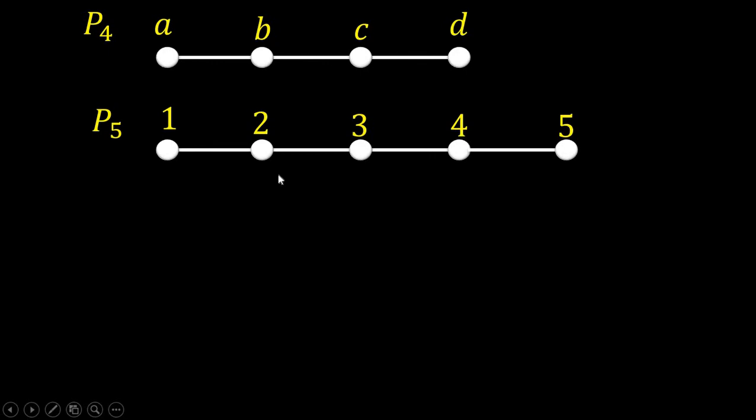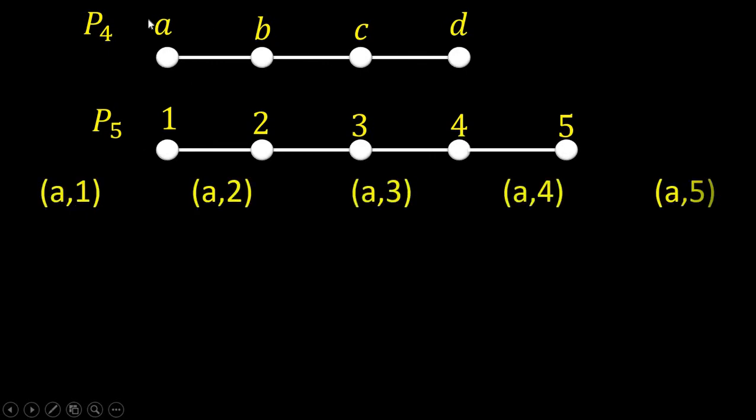Now I make the pairs. First of all, A1, A2, A3, A4, A5. I can arrange them in a horizontal line, or you can also arrange them in a vertical line; it is easy to make a graph.